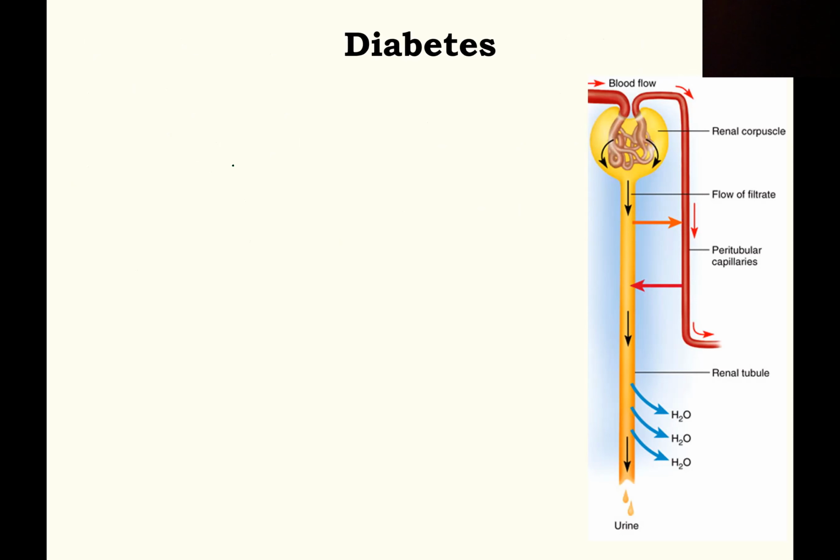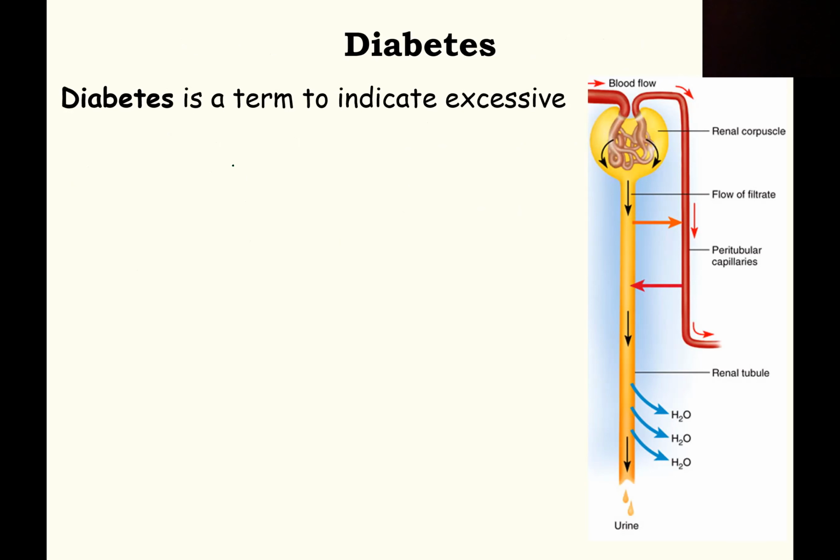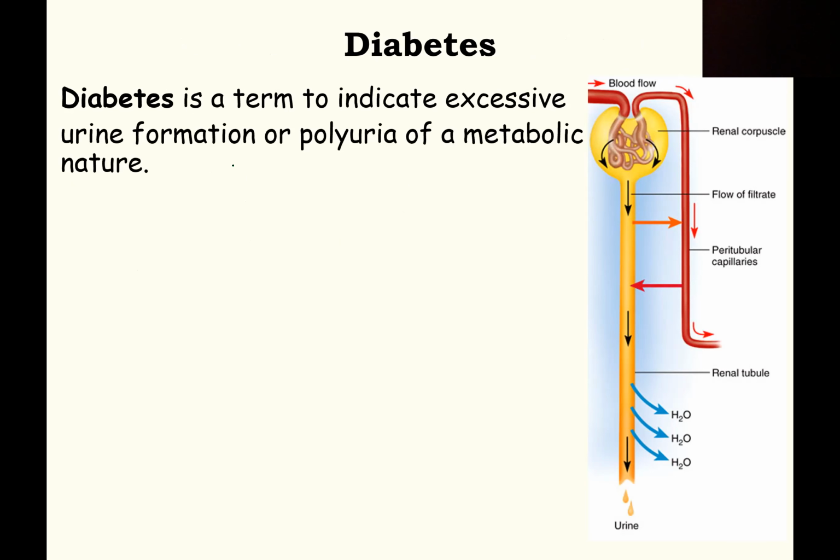The word diabetes is often misused. The word means excessive urine formation or polyuria of a metabolic nature. It's not because you just decided to start drinking more water.